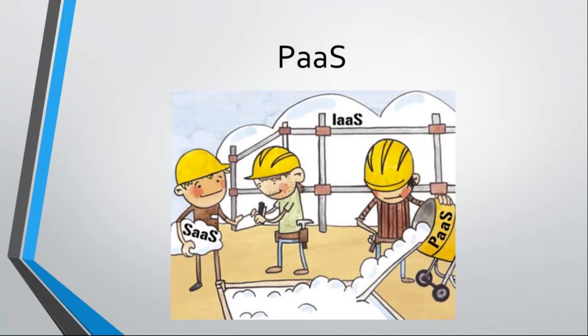This is quite visible in the picture, where PaaS acts as the middleman and primarily helps the development team easily manage the life cycle of their own application without having much dependency or having to know much about the infrastructure side.